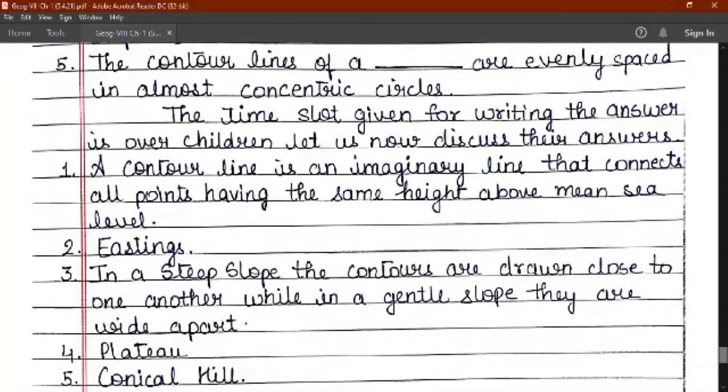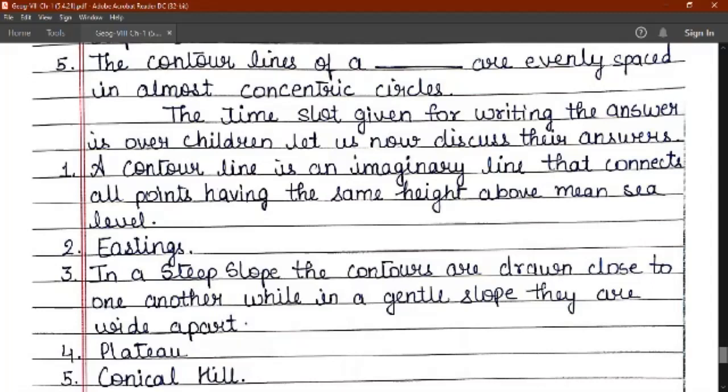Number 2. Eastings. Answer number 3. In a steep slope, the contours are drawn close to one another, while in a gentle slope, they are wide apart. Answer number 4, plateau. And answer number 5, conical hill.